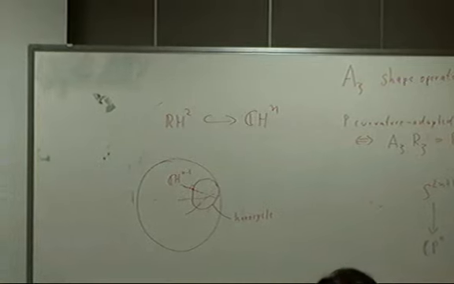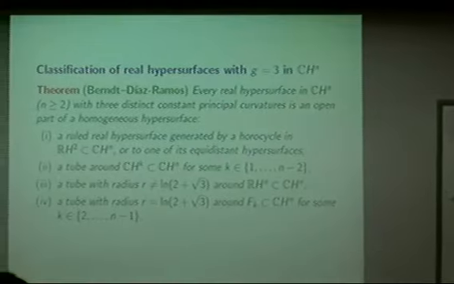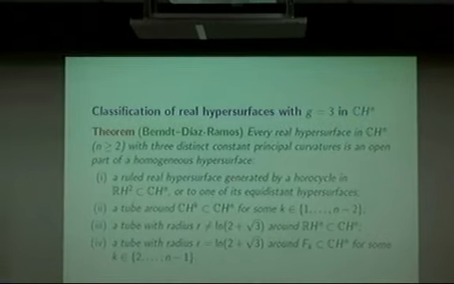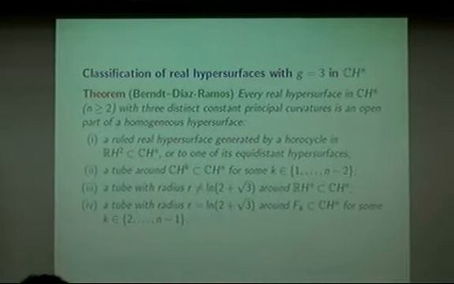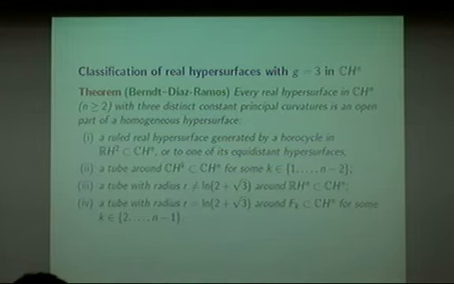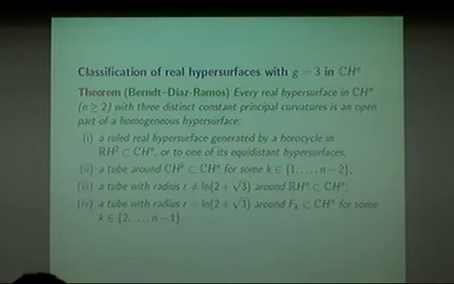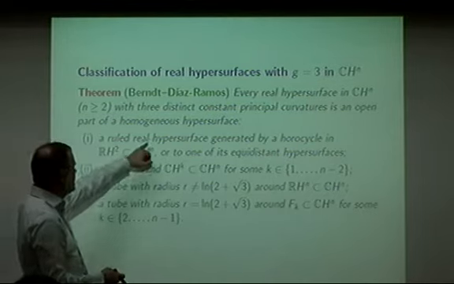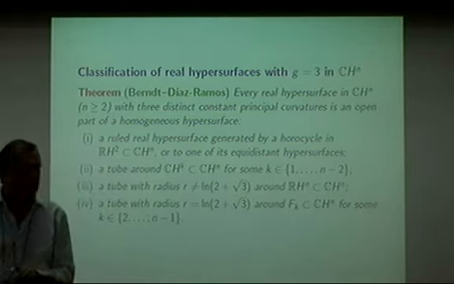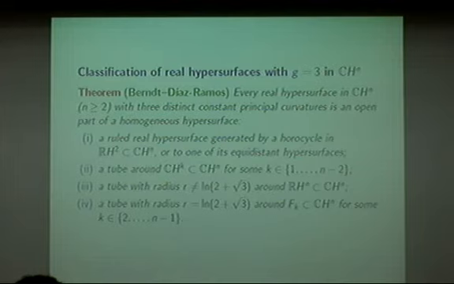And you see, it's a ruled hypersurface. It's ruled by these complex hyperbolic hyperplanes. So we have a curve, and then we attach many hyperplanes. This gives a well-defined hypersurface, and it's a homogeneous hypersurface. This is homogeneous, but then also the equidistant hypersurfaces are homogeneous.